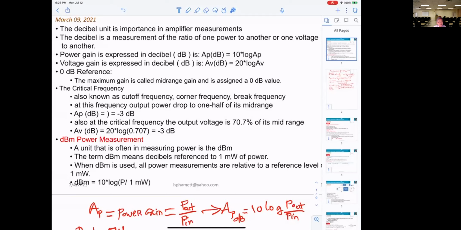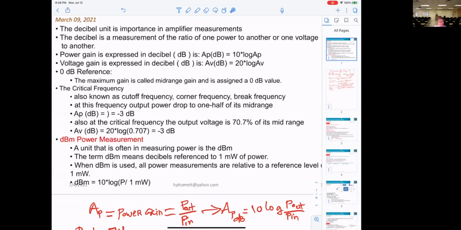The critical frequency, or cutoff frequency, or corner frequency, or break frequency, are all the same. At this frequency, the output power drops to 1/2 of its mid-range.